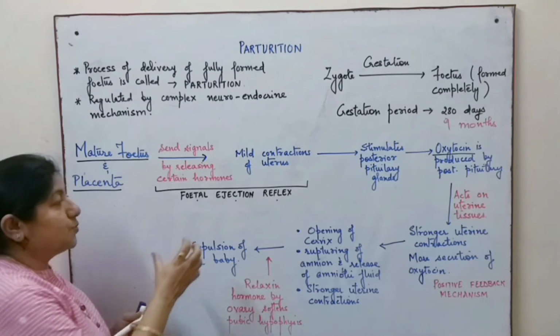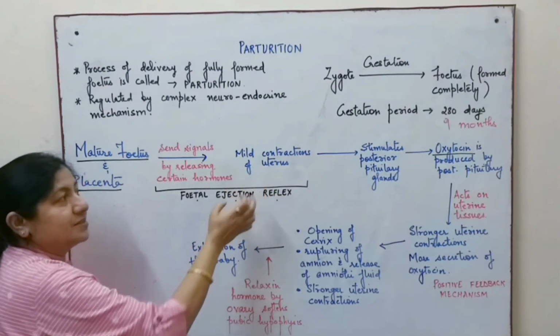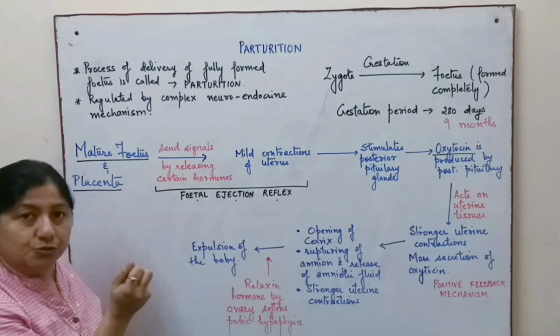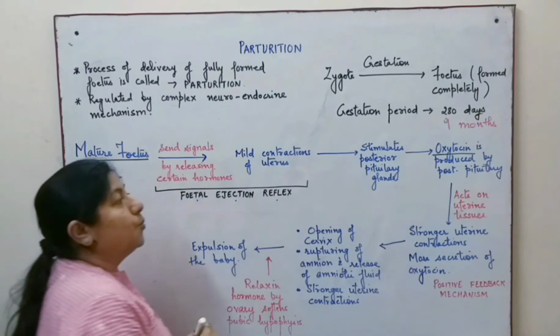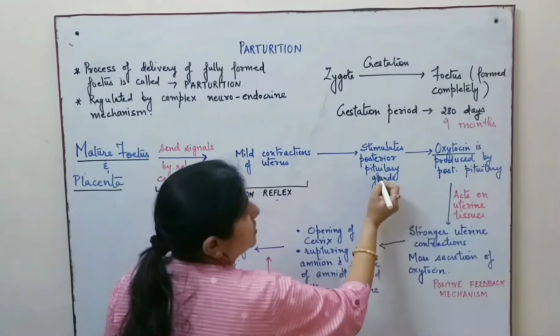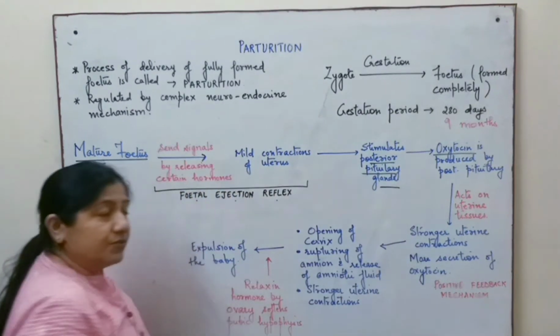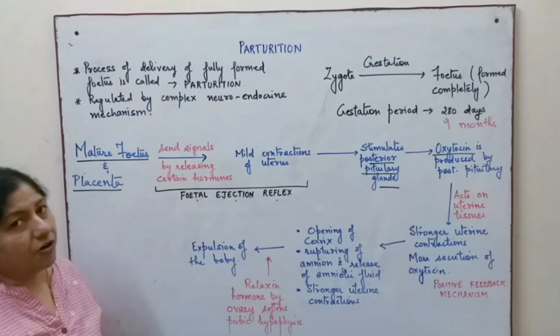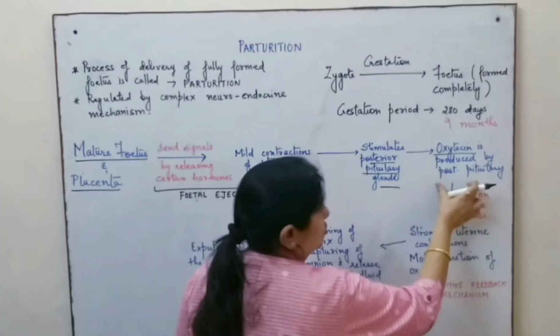So as a result, what is happening? The fetal ejection reflex causes the contractions of the uterus. Now these contractions in the uterus will stimulate the posterior pituitary gland. As a result, the oxytocin hormone is produced by the posterior pituitary region.